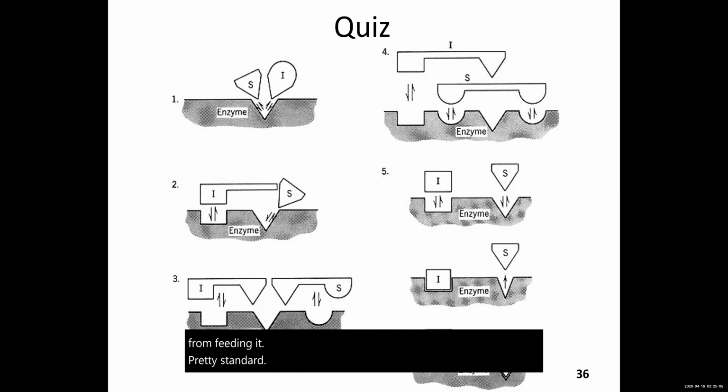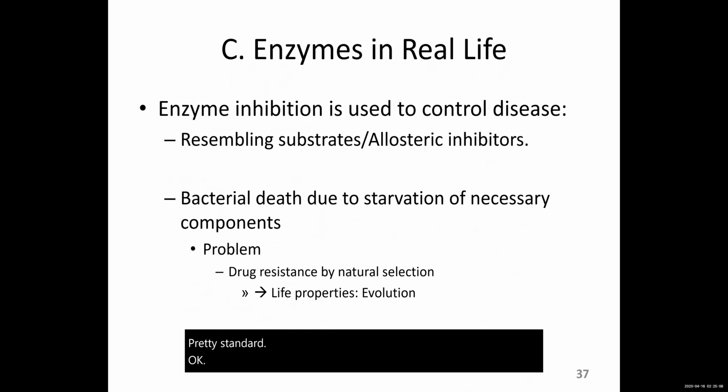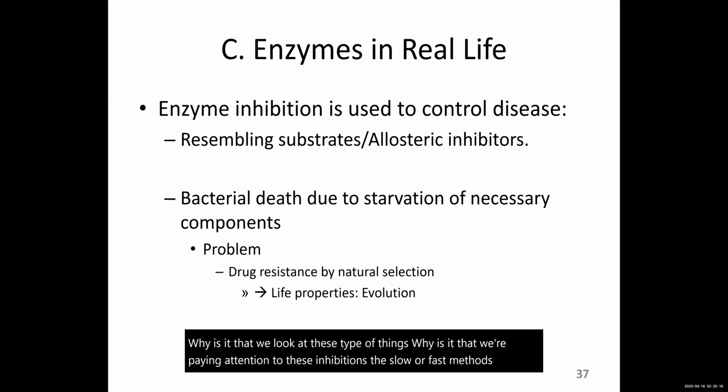Okay, so why is it that we look at these types of things? Why is it that we're paying attention to these inhibitions, these slow or fast methods? Because this is the classic case of how medicine works. Most of the time, our enzymes or other proteins in our body react by interacting with other substrates or reactants.